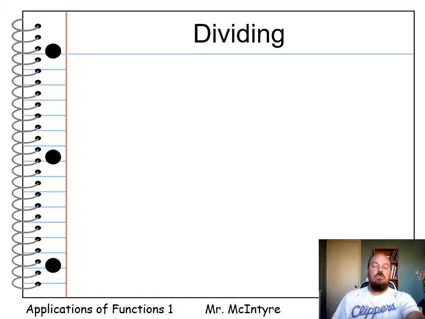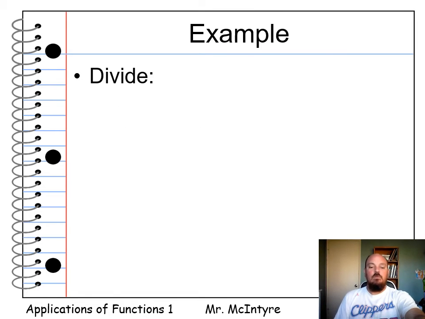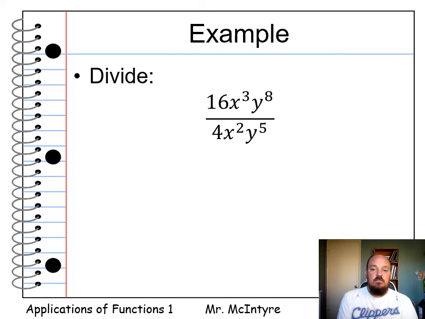All right. So again, just like multiplying, if you have more than one part to the question, like maybe you have a number part and an a part and a b part and a c part, or a p or a q or whatever, you have all these different variables, that's fine. Just do each one separately. So let's do this example last. We have 16x cubed y to the 8th divided by 4x squared y to the 5th.